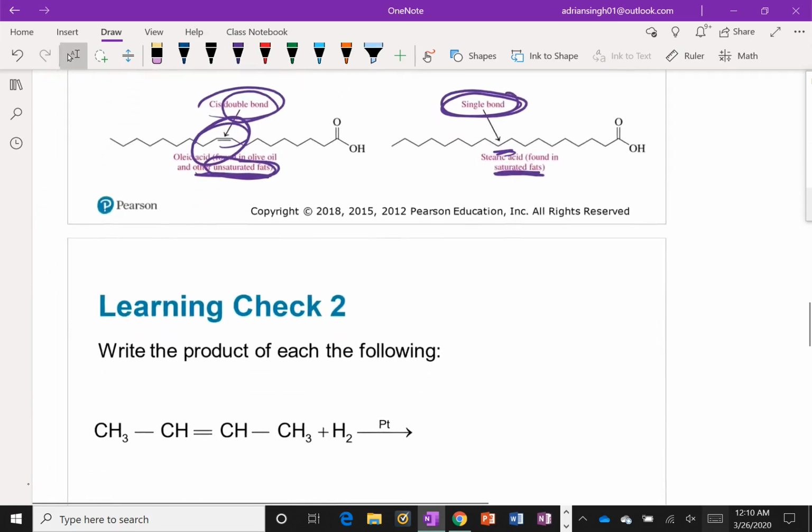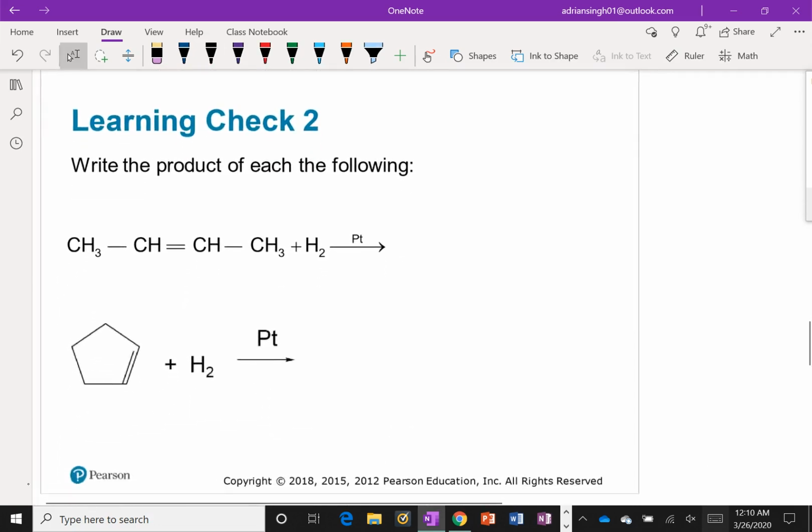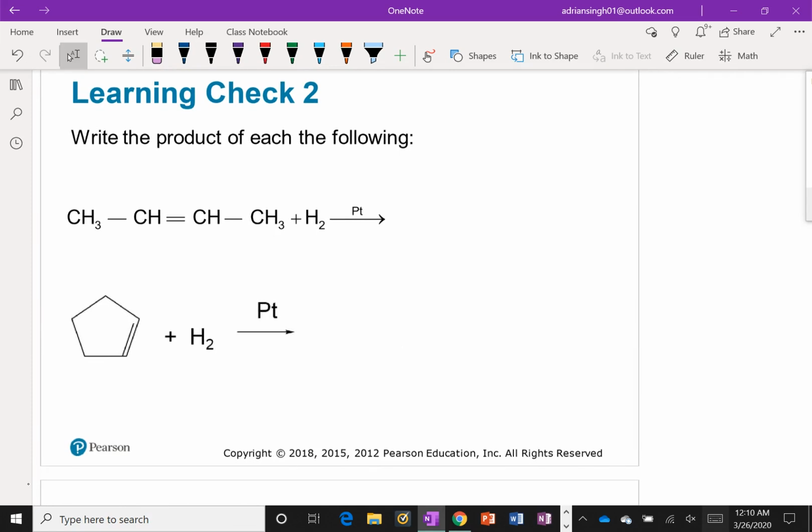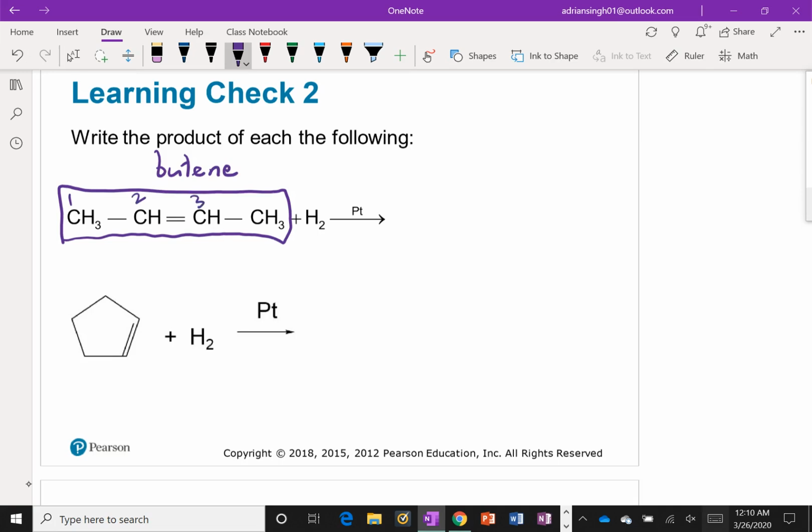organic and biochemical compounds. All right, so let's see if we can write the products for the following. So we have here this compound. This looks like a 4-carbon alkene. So let's just name it. It's but, and there's a double bond in it, so it's butene. And then the double bond here, if I number from the left side, 1, 2, 3, 4, the double bond starts on 2.